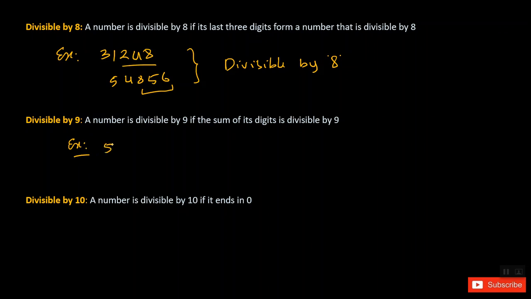Let's take 567. Add it, 5 plus 6 plus 7. What do you get? The result is 18. As 18 is a multiple of 9, I can say 567 is divisible by 9, right? This is how we check.